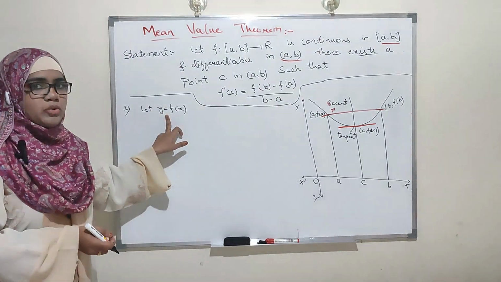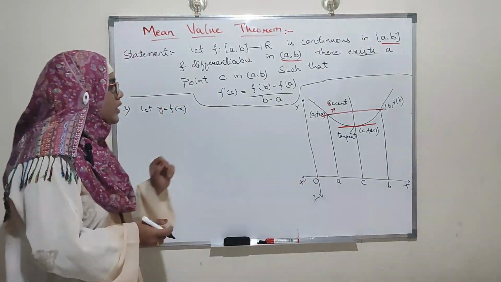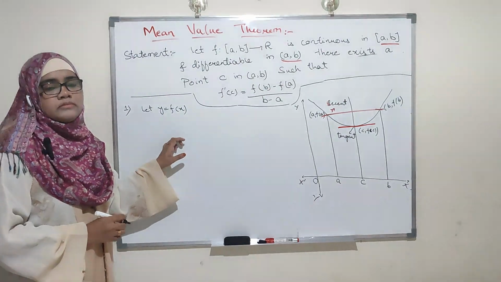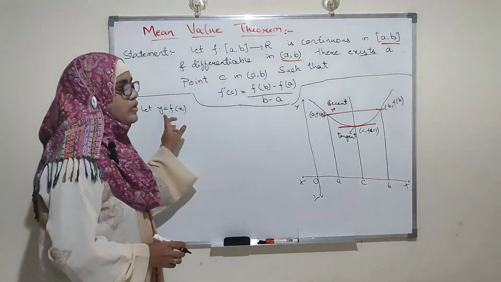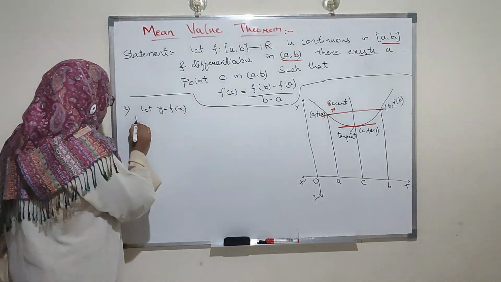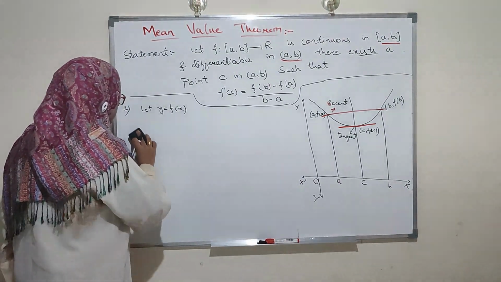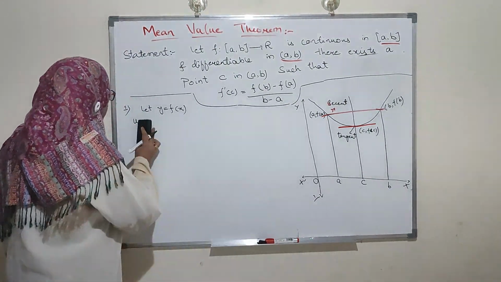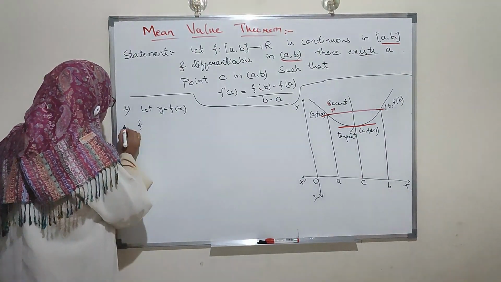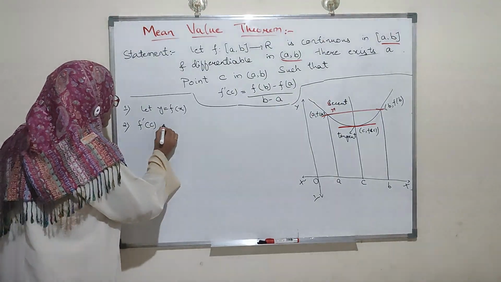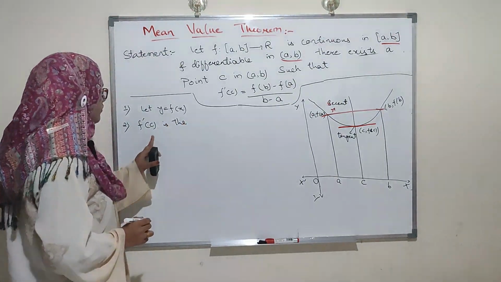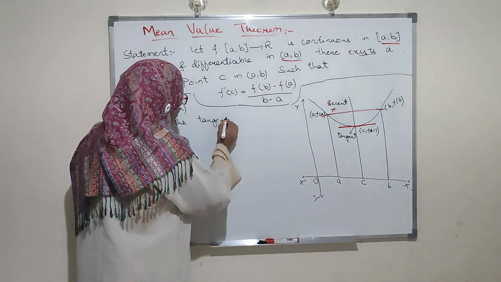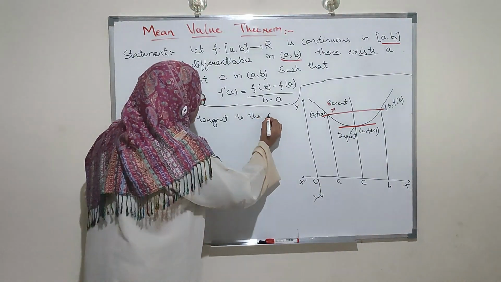By using the graph of y is equal to f of x, which is nothing but the parabola, we know that f dash of c, the second point, is the tangent to the curve.